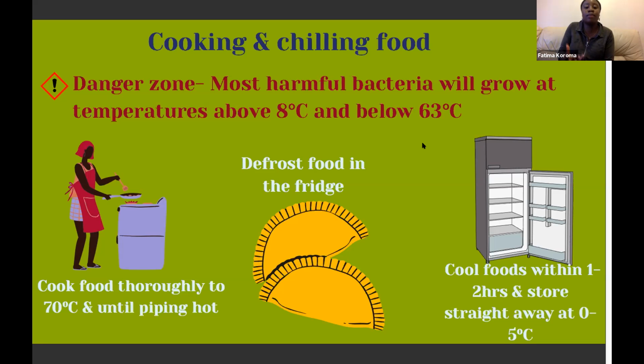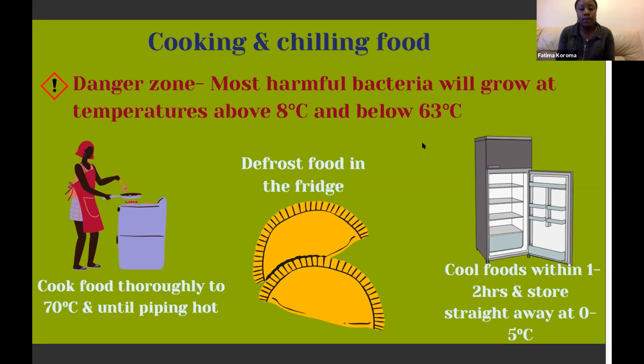If you don't see steam coming from the middle, it means it has not reached the temperature you need. So the bacteria can still thrive there and are not killed, because it did not reach the temperature that kills them.